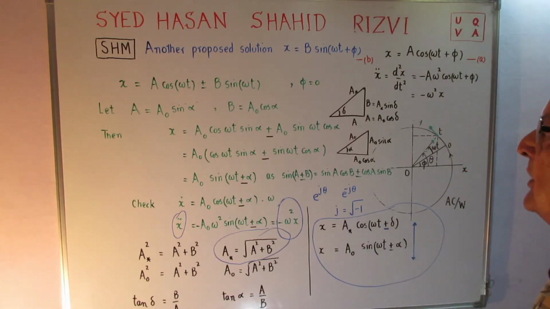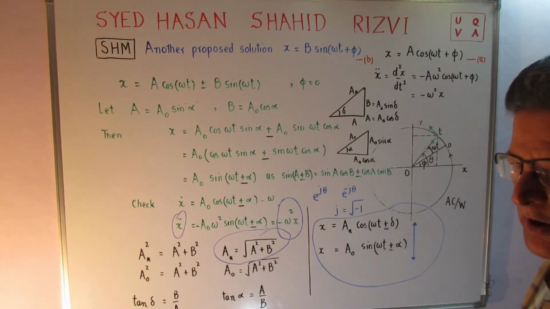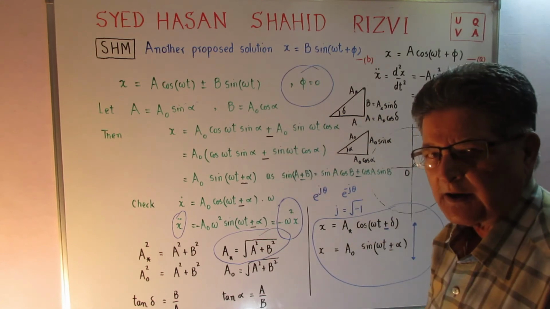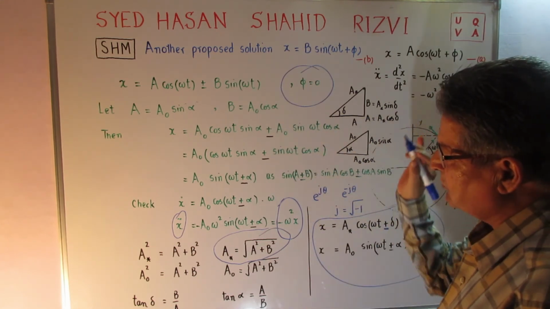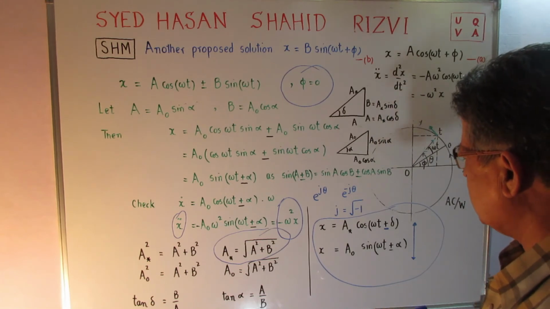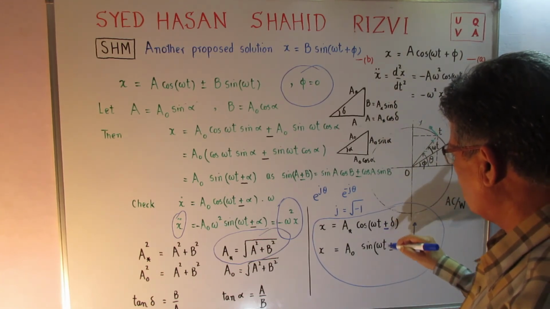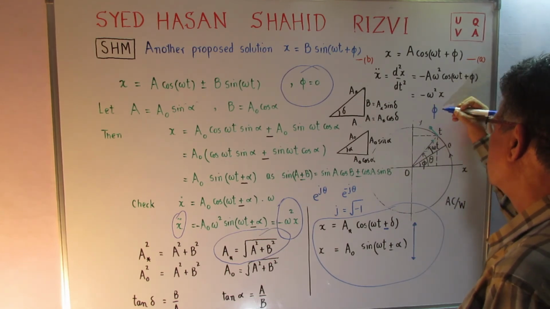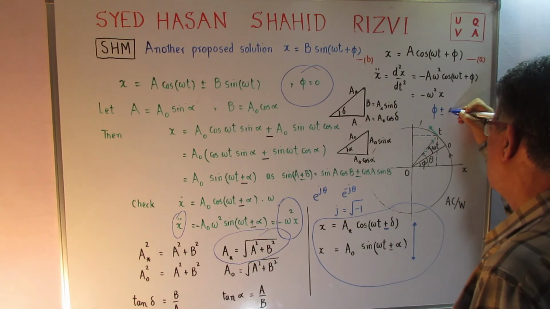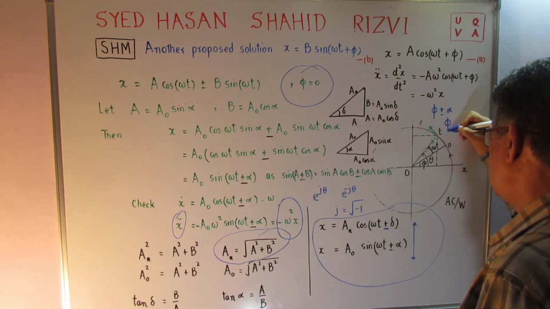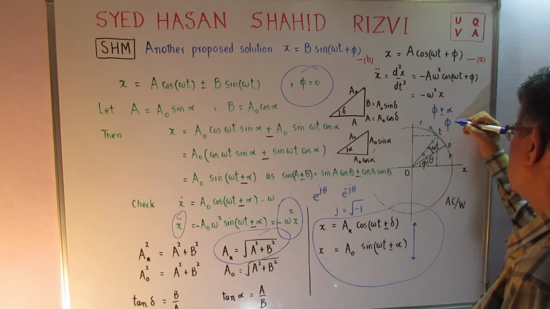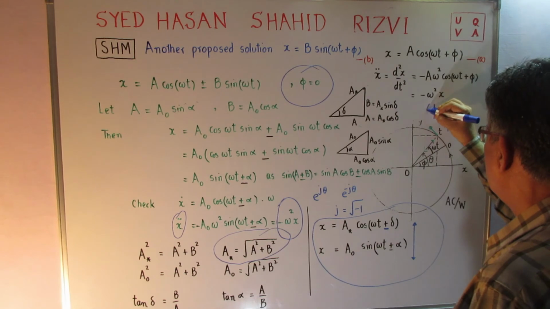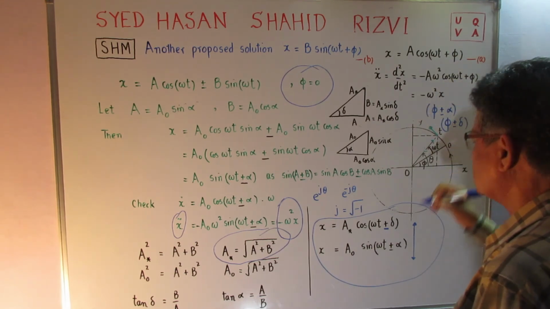Please look into the things. If you ask me a question, why did you take this phi is equal to 0? No problem. I can take any value. All that will be there is that a phi will be added over here, a phi will be added over here, and phi is a constant, plus minus alpha or plus minus delta, of course, is a sum or difference of 2 constants.